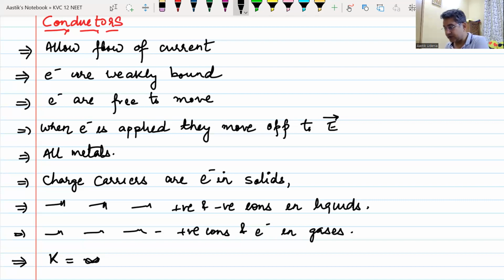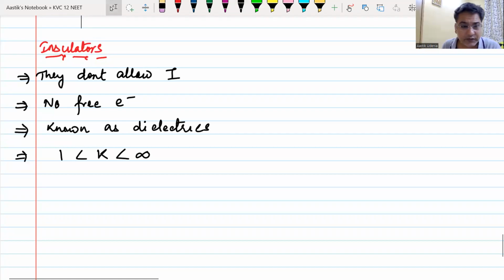Please remember it. I have told you so many times, but every time I ask, I don't get any answer. I don't know why you can't remember it. Anyway, the dielectric constant of a conductor is infinite, whereas the dielectric constant of an insulator is between 1 and infinity. That is known as insulators.